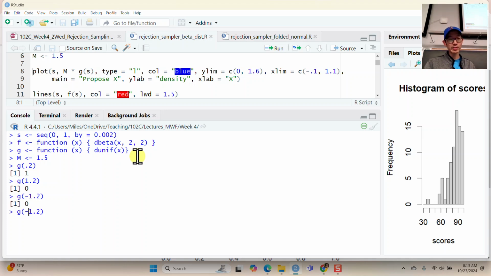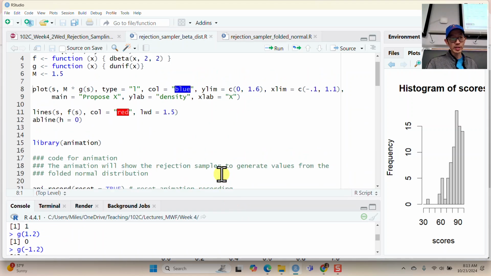Anything outside of that range from 0 to 1, the PDF is 0, but anything between 0 and 1, the PDF is 1.